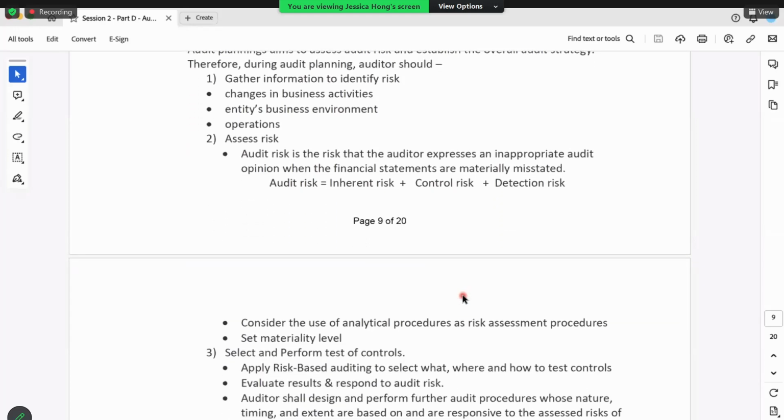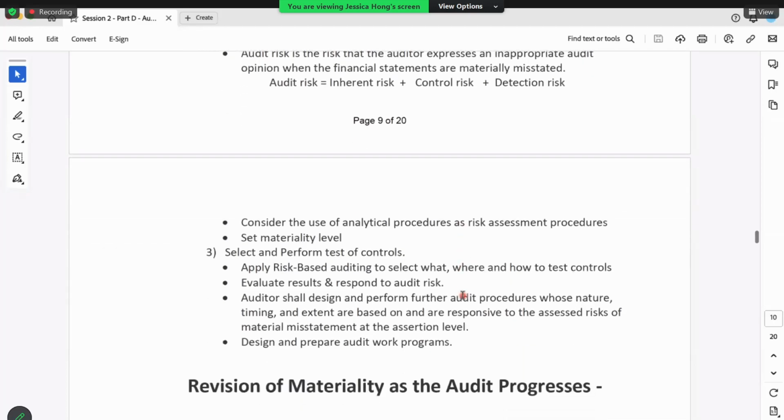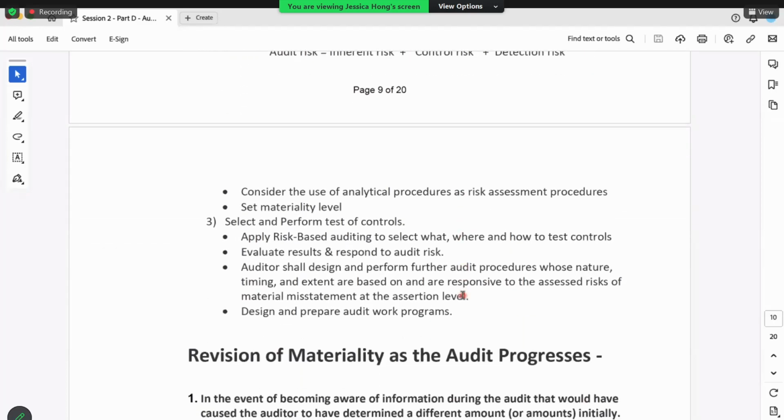combination. In assessing risk during our audit, we also sometimes prescribe analytical procedures. We do that, okay? And at the end, we set a materiality level. Then based on our preliminary risk assessment, we will first do the test of controls just to see whether the so-called internal controls that are supposed to be in place are properly working.